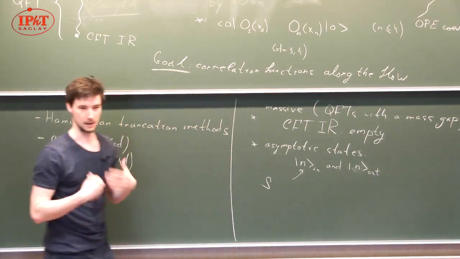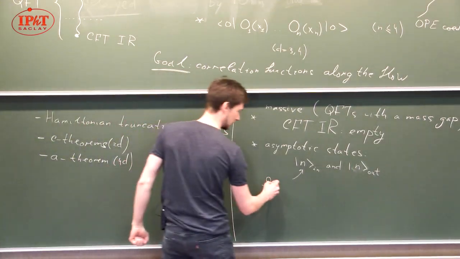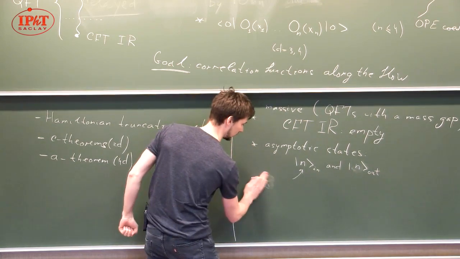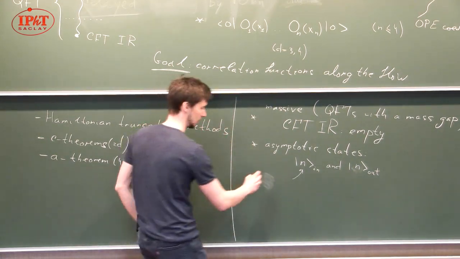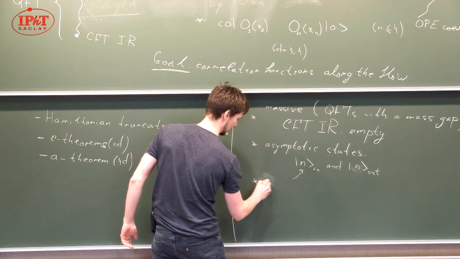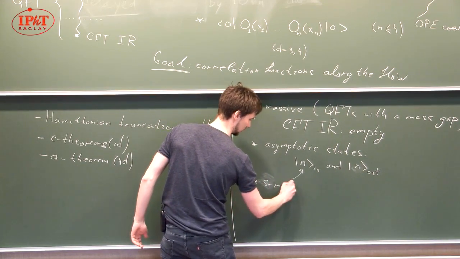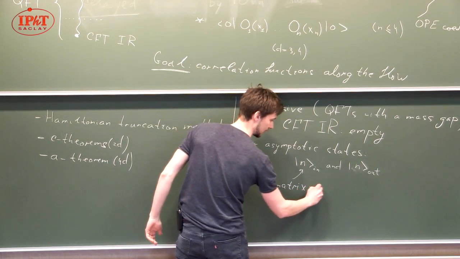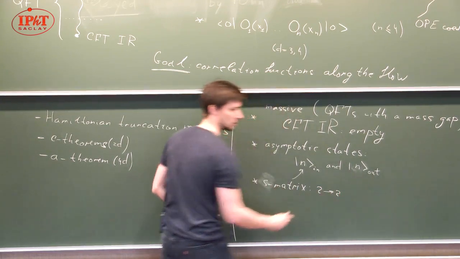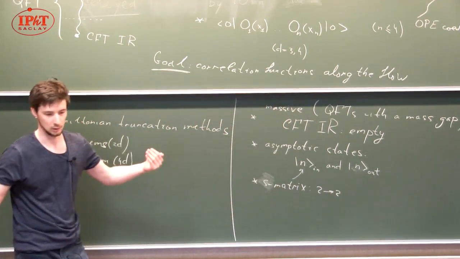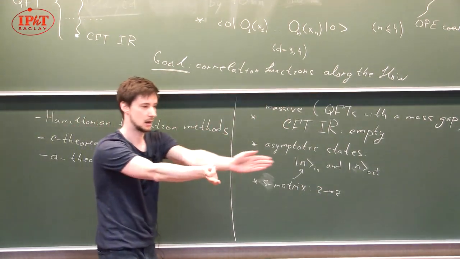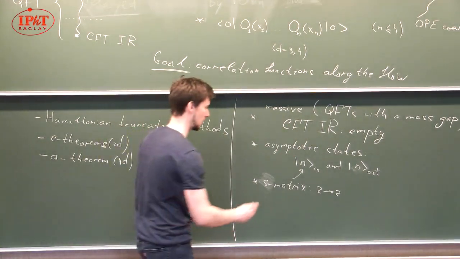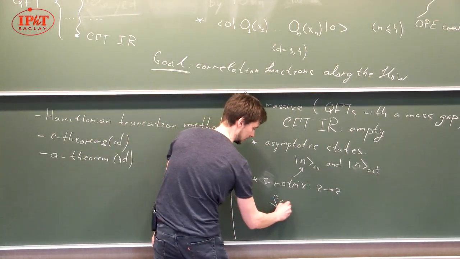Right? So now I can define the S-matrix. The S-matrix is an object which describes a scattering of 2 to 2 particles. So I have 2 glueballs scatter, and then at the output I get 2 other glueballs. And it is defined in the following way.